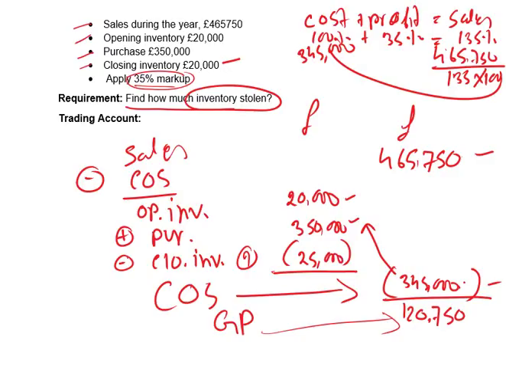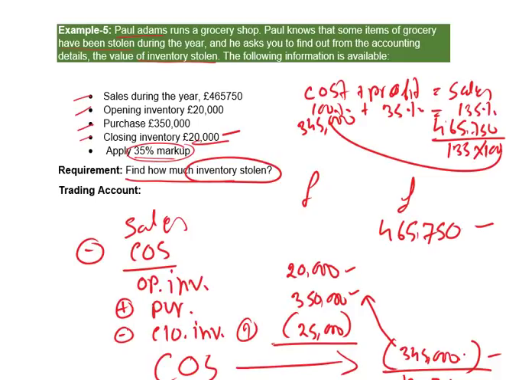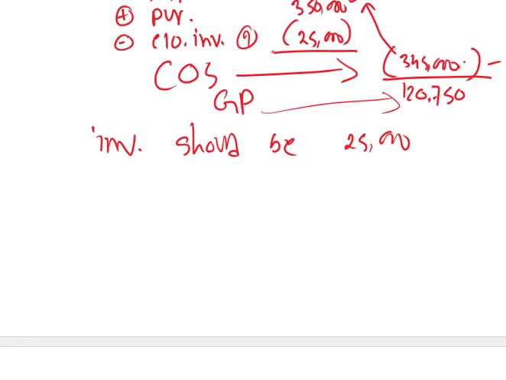Yeah, now as you can see, your closing inventory should be 25,000, but at the top it's given as 20,000, so clearly there is 5,000 inventory lost or stolen. Yep, that's it.